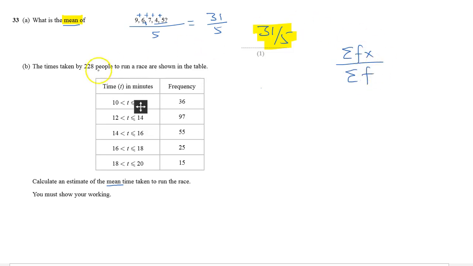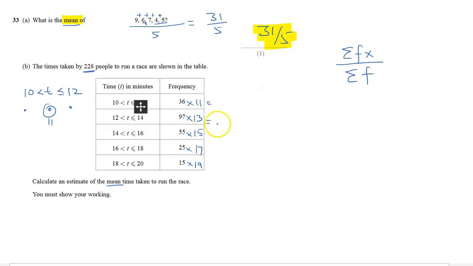Sigma f is the total number of people. x is the midpoint of this: 10 to 12, 10, 11, 12, so the middle number is 11. Multiply by the middle number. This is 13, this is 15, this is 17, and this one is 19.